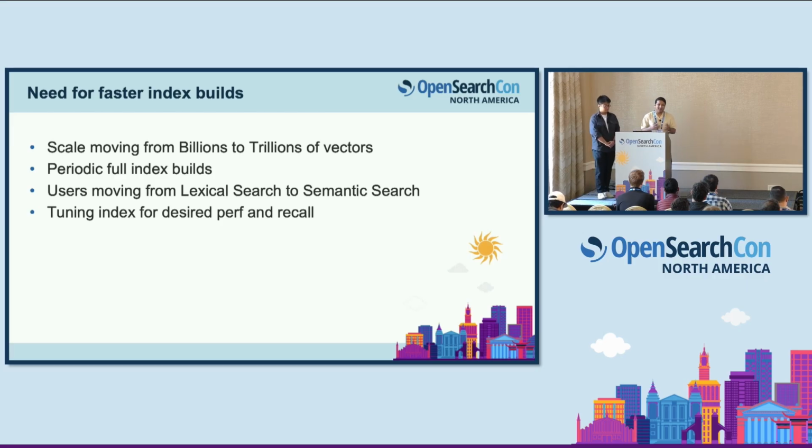But as we all know, as you move to larger scale, those assumptions don't hold true. That's where you want to build faster billion scale or trillion scale indices to figure out whether this hyperparameter is working correctly or not, whether this type of model is working correctly for me or not. And that's where faster index builds can accelerate these processes.